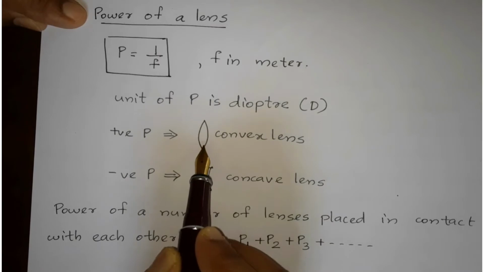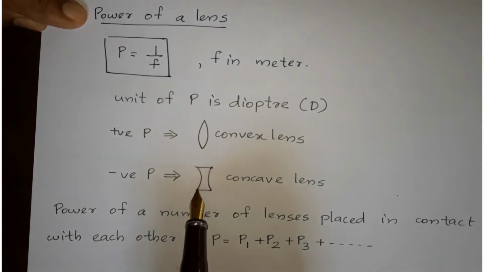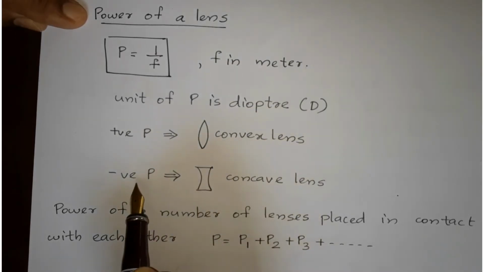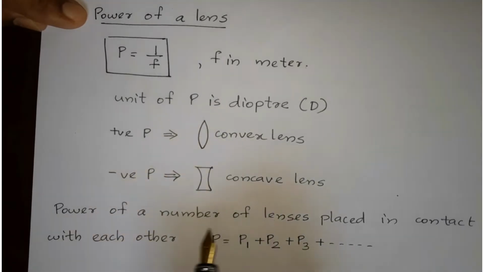For a convex lens, power is positive, and for a concave lens, power is negative. Power of a number of lenses placed in contact with each other: if we have a couple of lenses together, then the resultant power of that combination is given like this. P is equal to P1 plus P2 plus P3, etc.